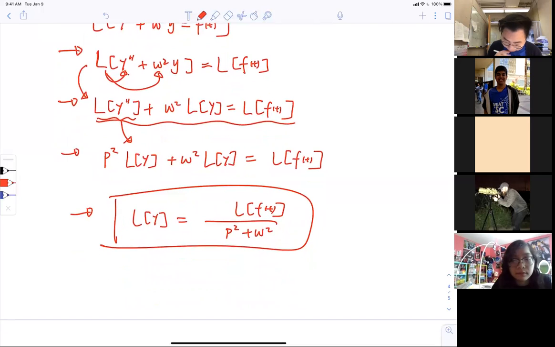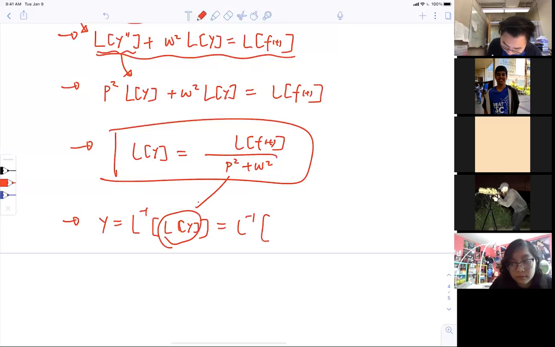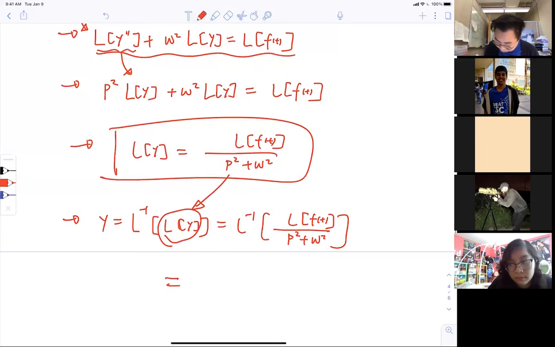Okay, so then we need to inverse transform this Ly. y equals, according to the definition, the inverse transform of this expression, which is just plugging in.